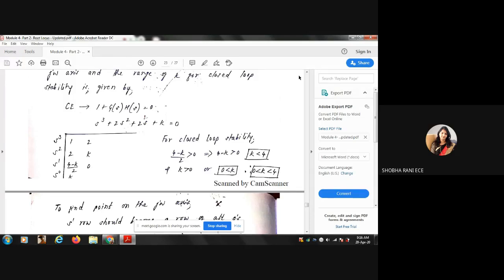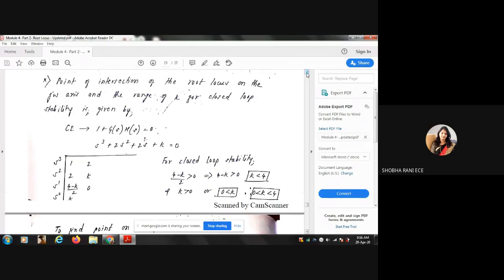But now what is it that we are trying to find? In order to find the point of intersection of the root locus on the imaginary axis, the odd power of s row should become equal to 0. Odd power of s means s cube is there, s1 is there. This 1 and 2 I cannot make 0 because these are already constants.